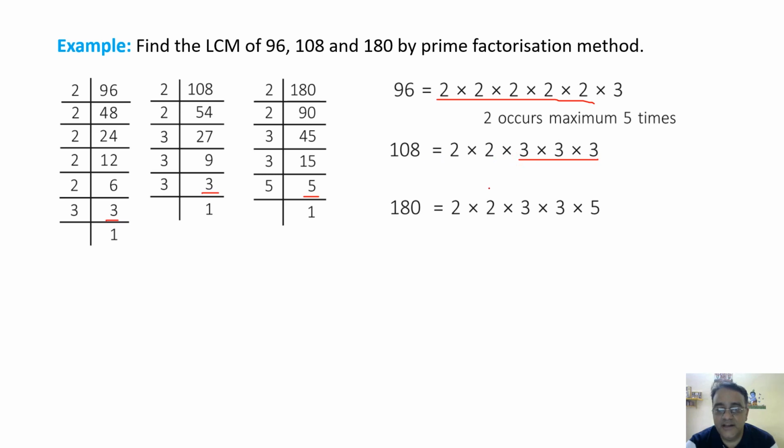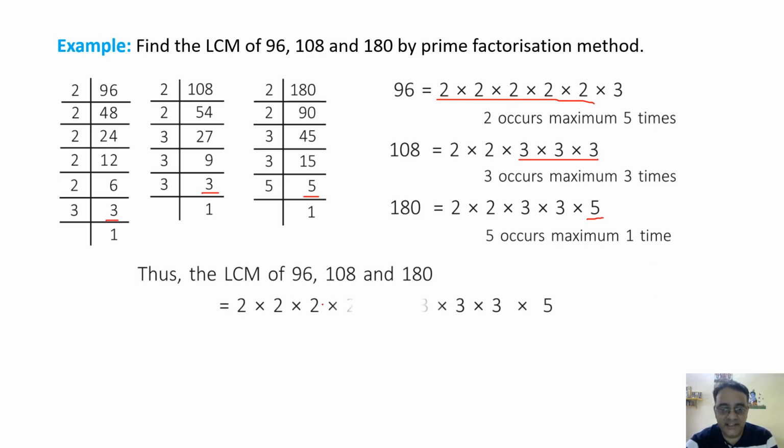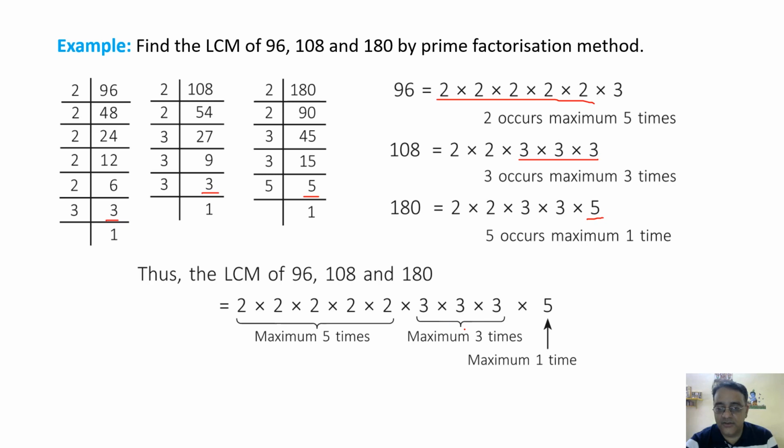And 5 occurs maximum only 1 time, in 180. So the LCM of 96, 108 and 180 is the product of all these numbers, meaning 2 maximum 5 times, 3 maximum 3 times and 5 maximum 1 time.